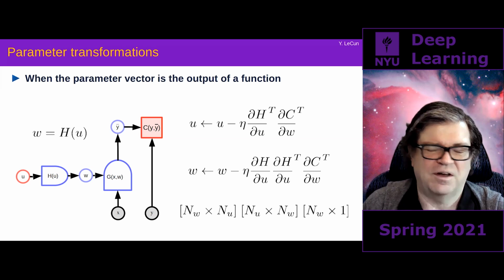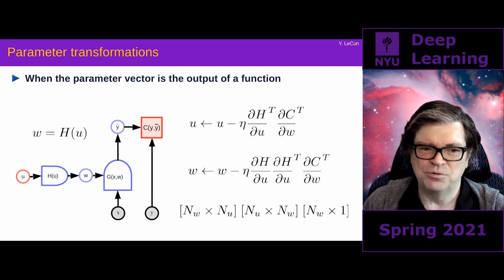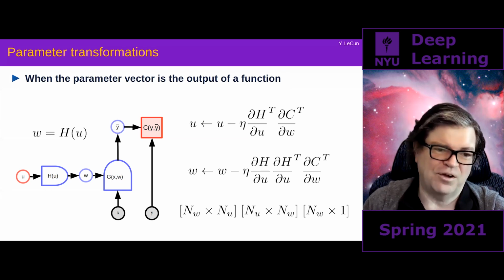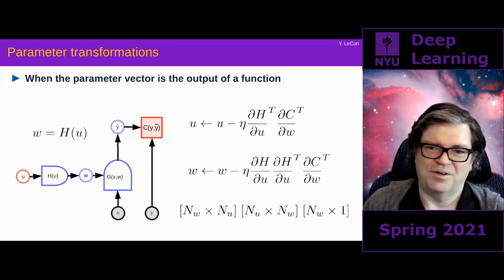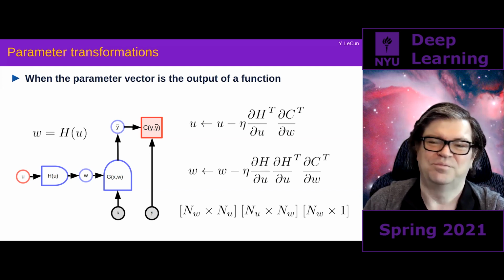So here I'm making this a little more general. I'm saying, imagine that we have a network G of X and W, but the W's are not parameters that we can adjust. They are themselves the result of applying a deep learning system to a set of more elementary parameters, elementary variables, U, okay?